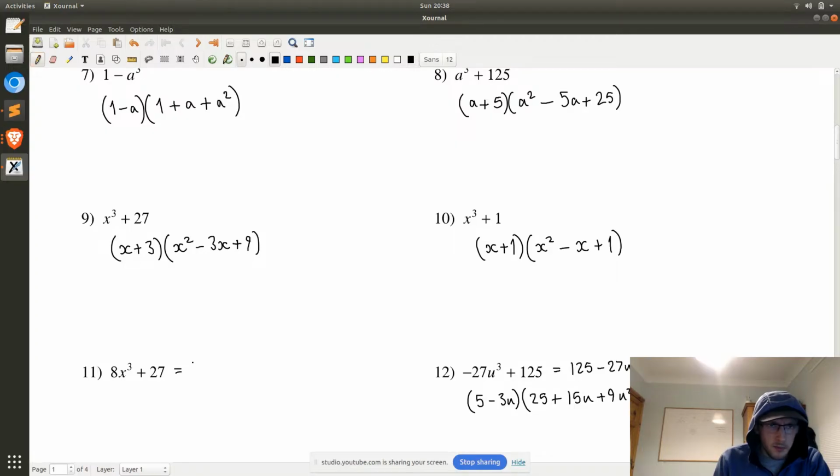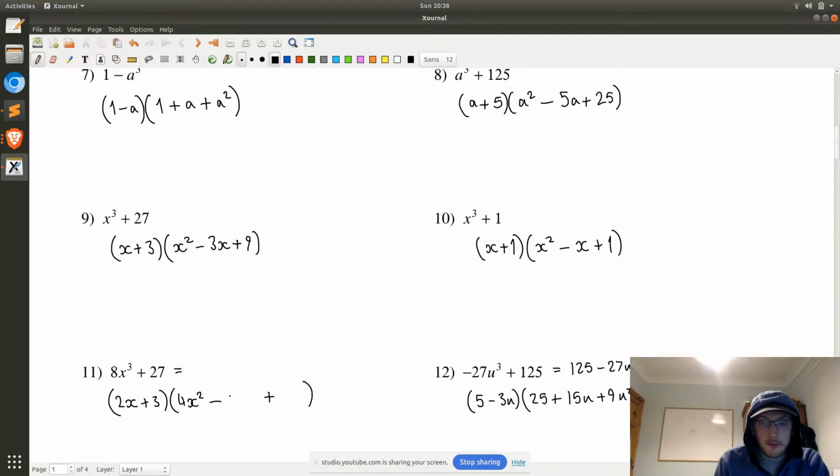Okay, so it's the cube of 2x and the cube of 3. Therefore, I open up with 2x, add 3. Next, I open up here with the square of 2x, which is 4x squared. Then my minus sign, then my plus sign, to make sure that I get the signs right.